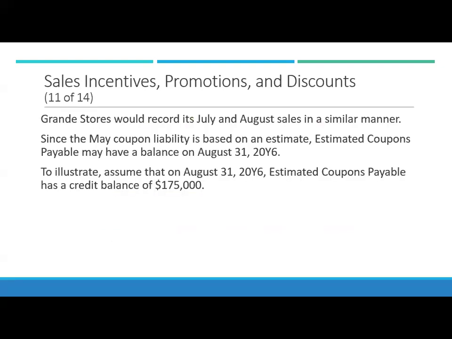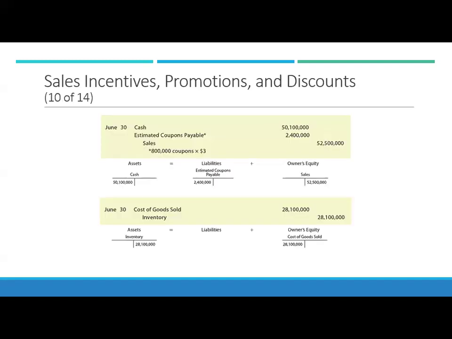Then we hit the end of the period. So we started coupon payable as a liability. We started at $3.6 million. We reduced it by, now there's 3 months of transactions.